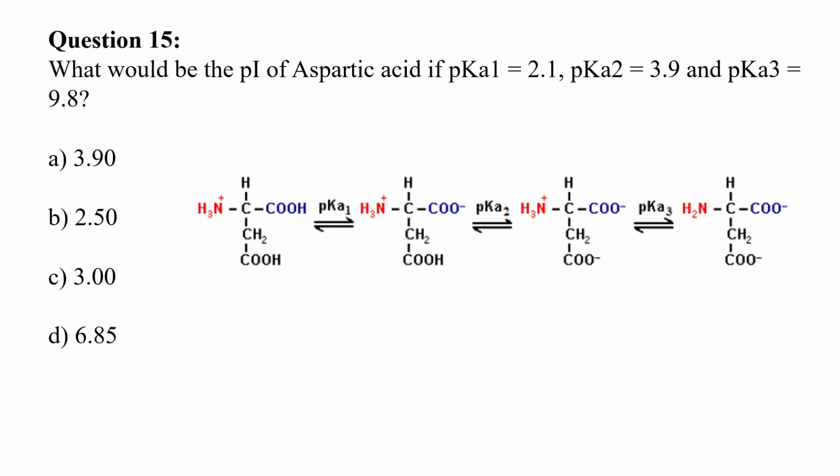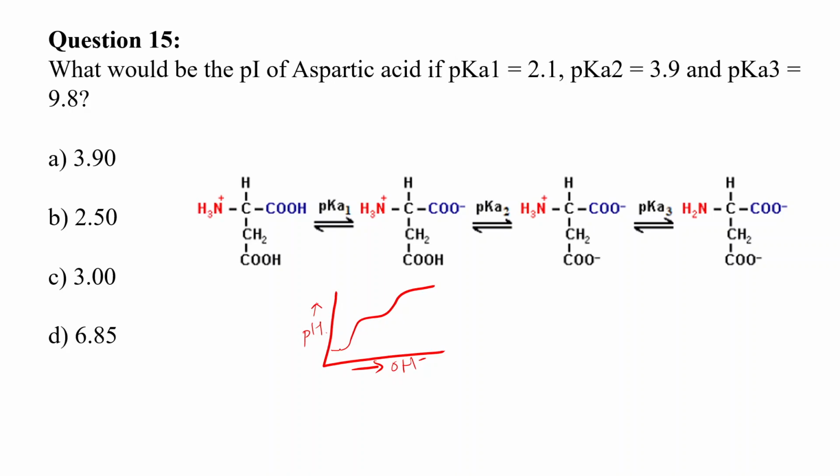Okay. So if I plot a pH titration curve for an amino acid, if I keep on increasing the pH, so this is the pH scale and that is the OH negative concentration.